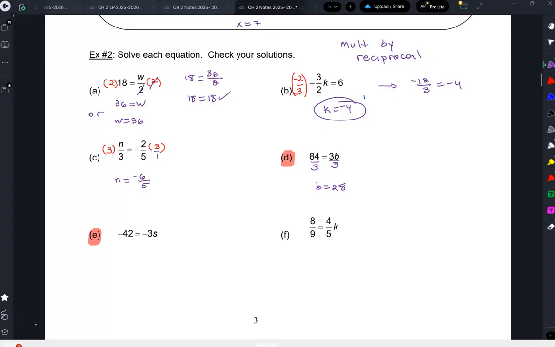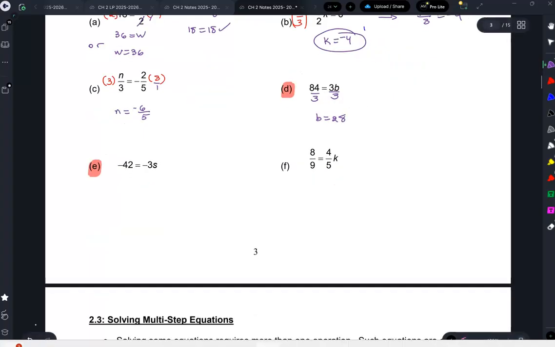So you're going to do it again until you get 28. Okay, so here, divide by -3, divide by -3. This time, is S positive or negative? Positive 14.